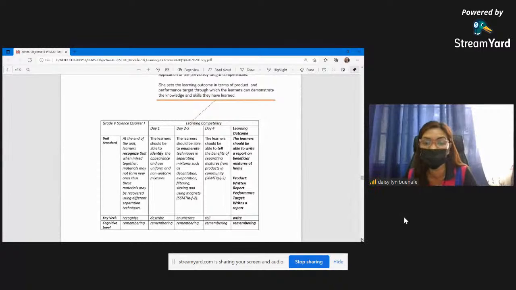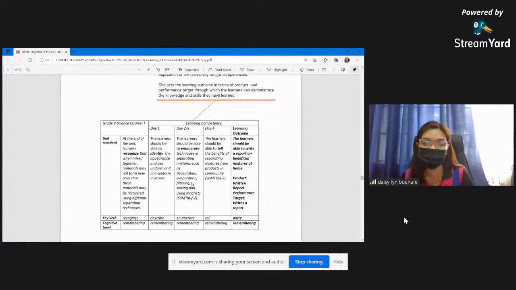So for day one, the learning outcome is that the learner should be able to identify the appearance and use of uniform and non-uniform mixtures. The key verb is describe. Cognitive level, remembering.